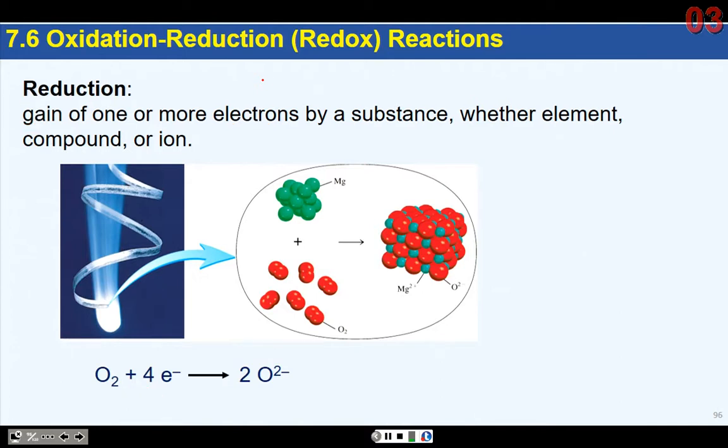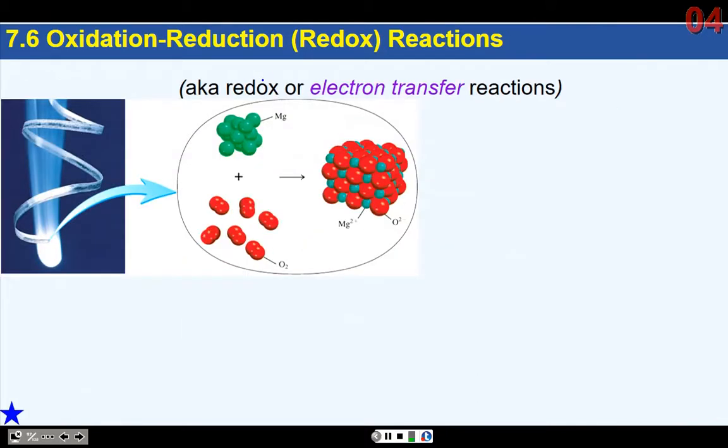Reduction is the opposite then. The reduction is gaining 1 or more electrons. And so in this case, the oxygen, elemental oxygen, must be gaining electrons. So oxygen gains electrons, becoming oxide ions, and so oxygen is being reduced in this case.